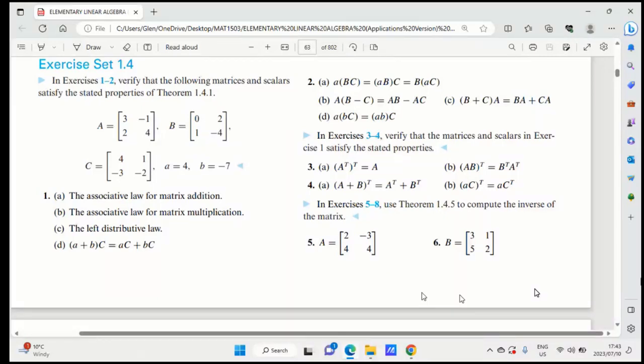That is the determinant of the given matrix A. Theorem 1.4.5 says if it's not 0, it is invertible, so it has an inverse. So I said 1/20.